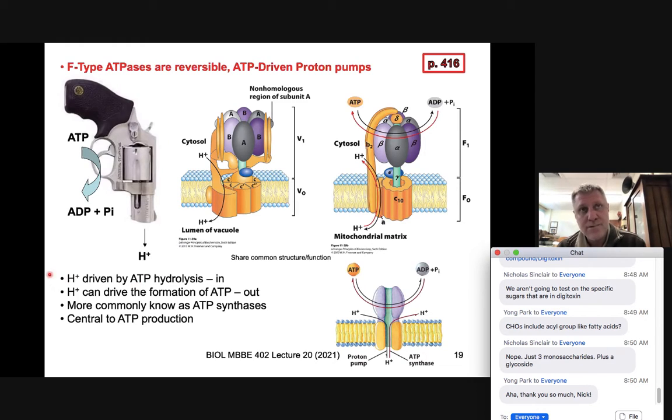Protons driven by the hydrolysis of ATP is in the process of moving those protons in, and we can reverse that reaction. The protons can drive the force on formation of ATP in the out process. So these are commonly known as ATP synthases, and we will see a lot more of these and study these specifically when we look at the production of ATP in the mitochondria. So I want you to keep those in mind.